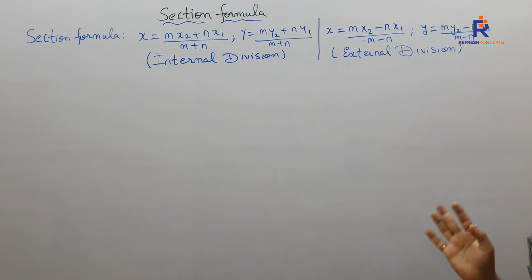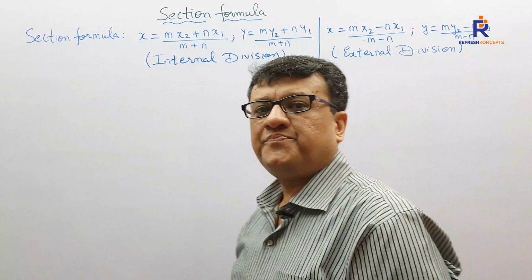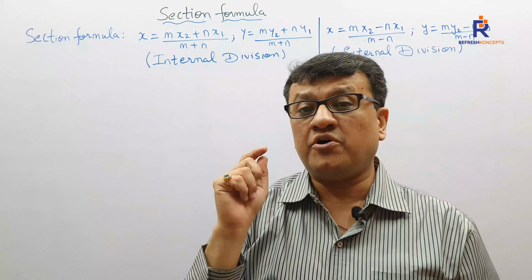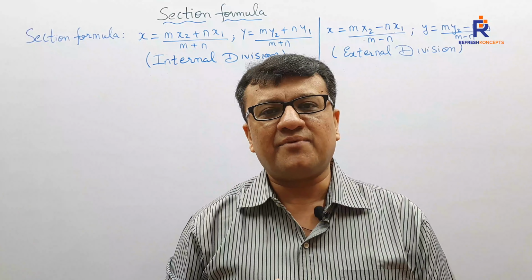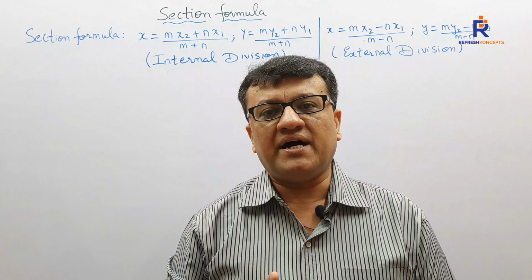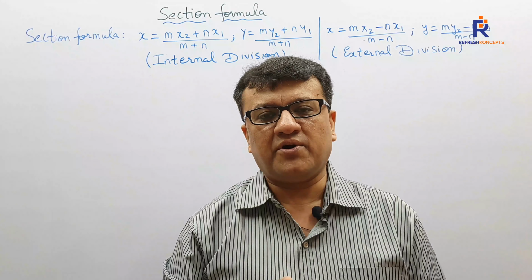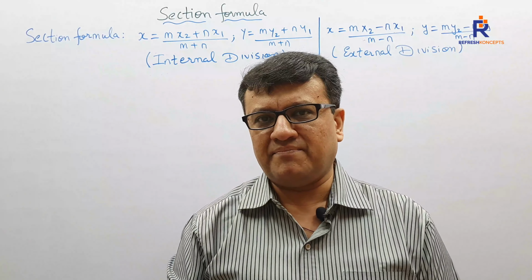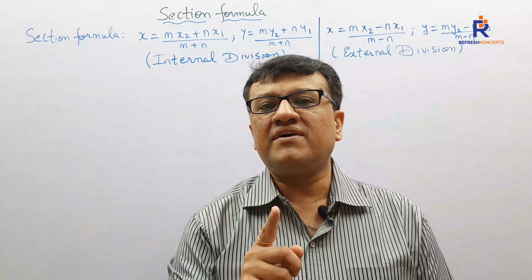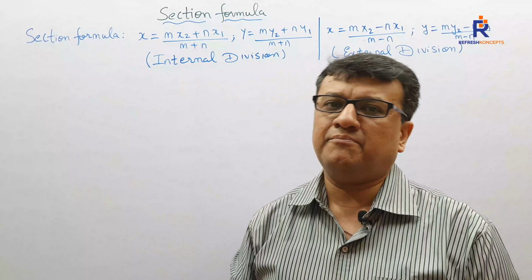So along with me, what is section formula for internal division? The x coordinate is given by mx2 plus nx1 upon m plus n. Y coordinate is given by my2 plus ny1 upon m plus n. External division, mx2 minus nx1 upon m minus n. Y coordinate, my2 minus ny1 upon m minus n.